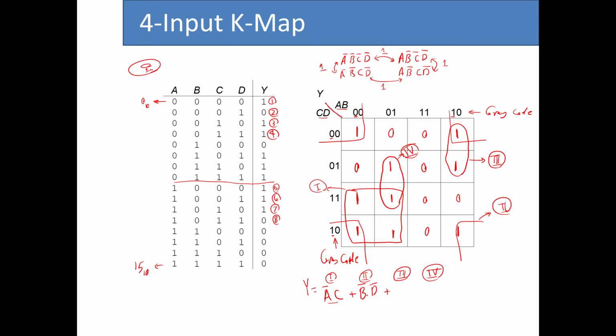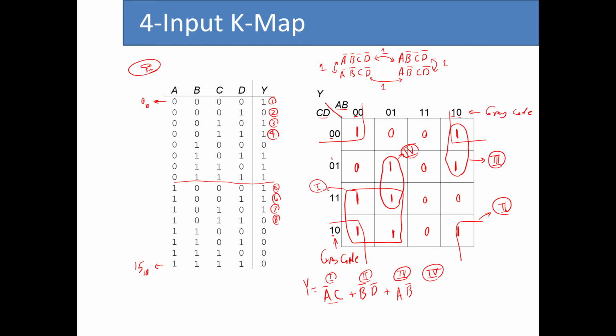So now let's just take a look at circle number 3. Circle number 3 has only 2 ones inside of it. So for these 2 ones, A is always 1, which means that we have A here. B is always 0, which means that we have B bar here.